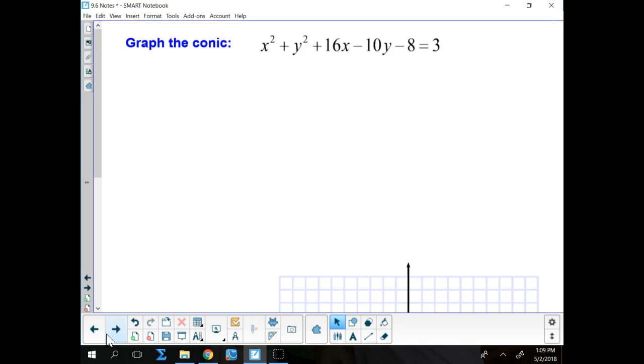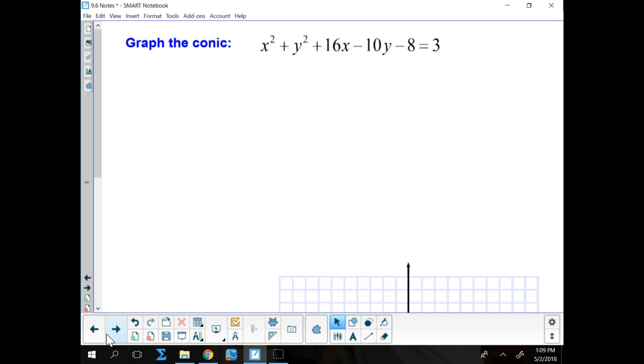Ellipse. Why do you think it's an ellipse? Okay, so it's got 2 squared terms, so that eliminates parabola. It's got a plus sign, so that eliminates hyperbola. And that leaves ellipse or circle. You're saying ellipse, and someone is saying circle.